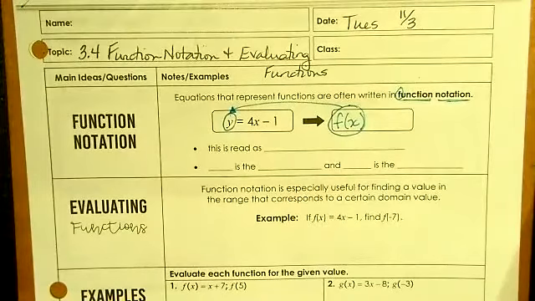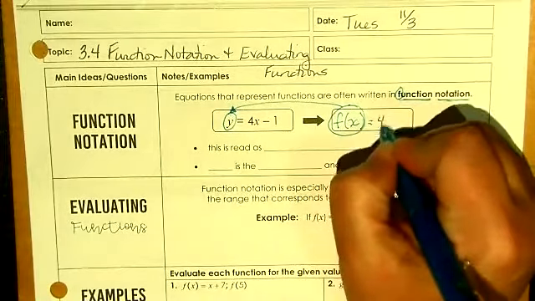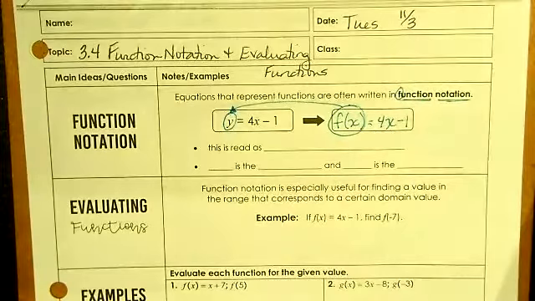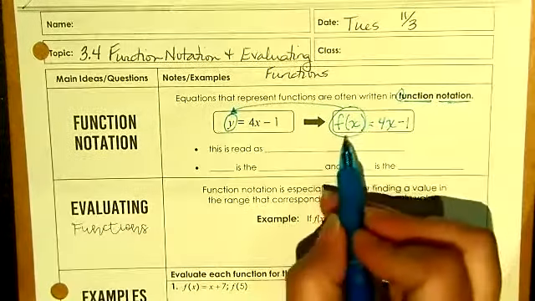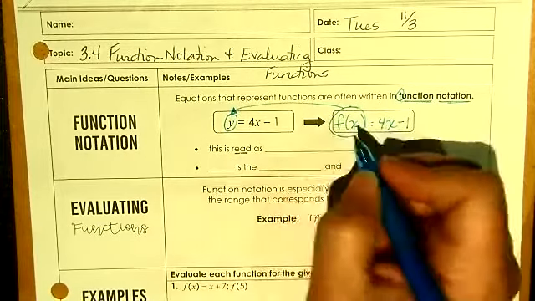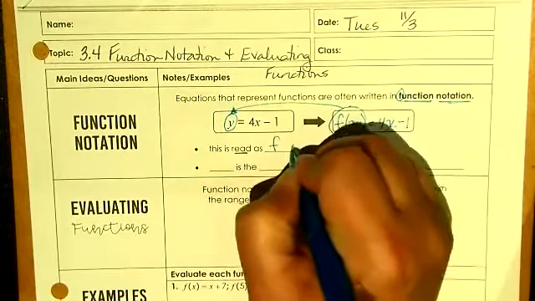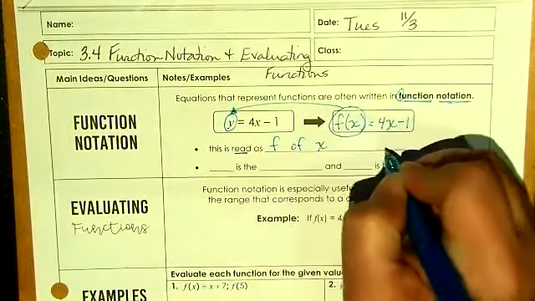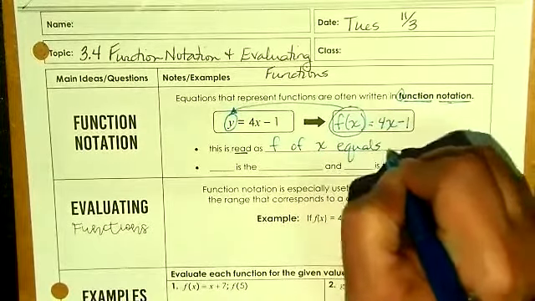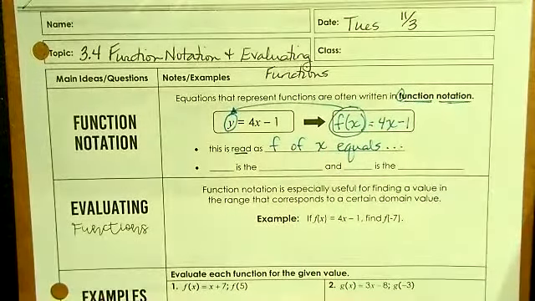It's just called function notation. Notice the only thing that changed was instead of writing y, we write f parentheses x. This is read as f of x equals, and then the rest of the rule.